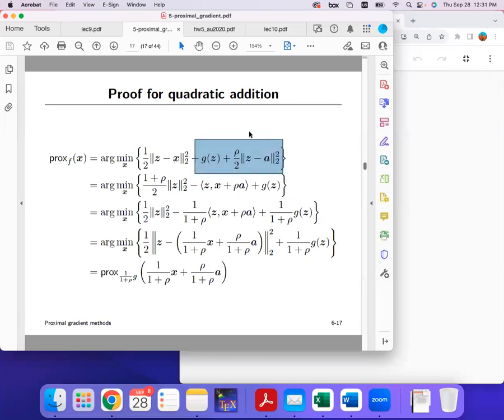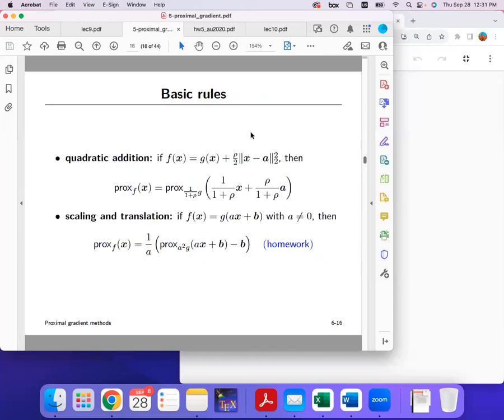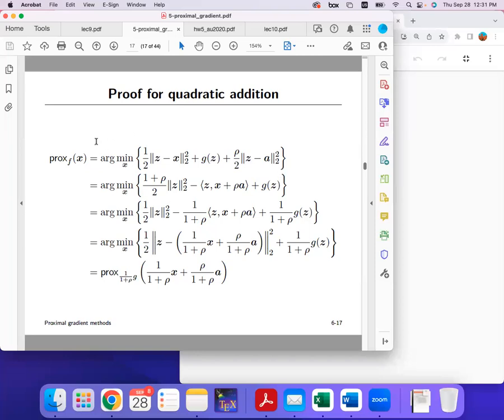And this entire thing, this is f(z) that we defined in this example. So you plug in the definition of the proximal mapping. And here it should be argmin over z. I think this is a typo instead of x.